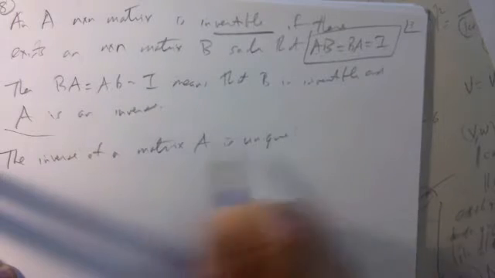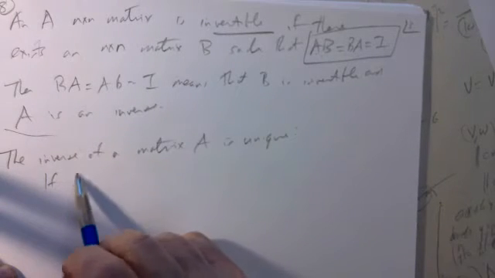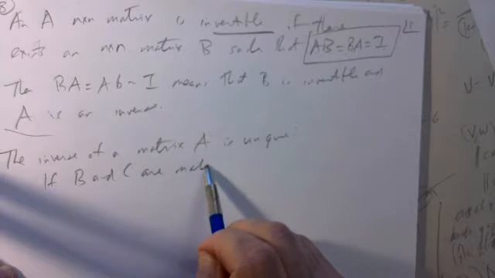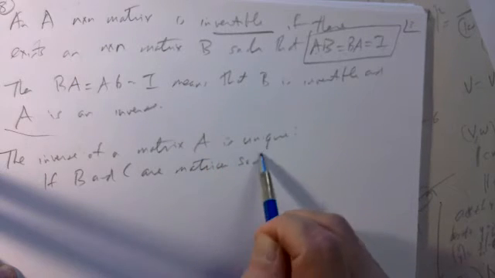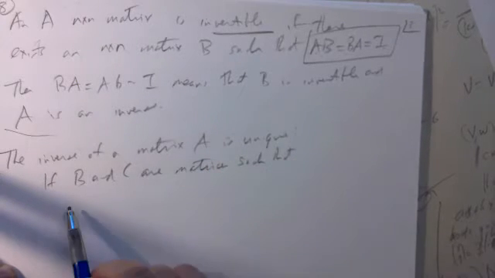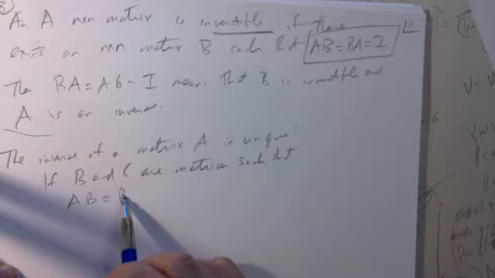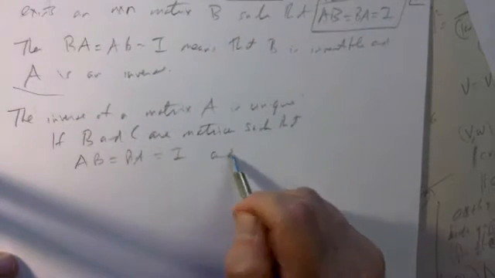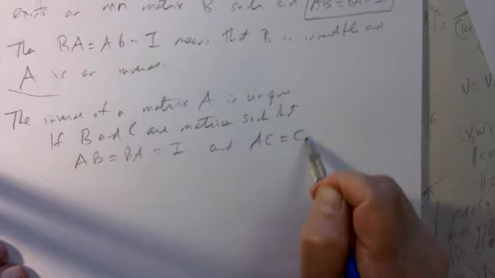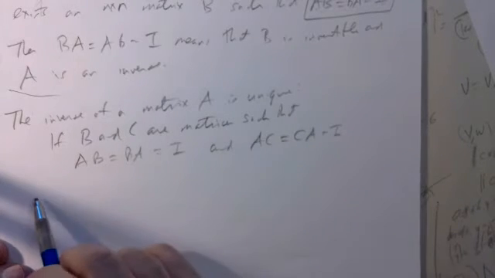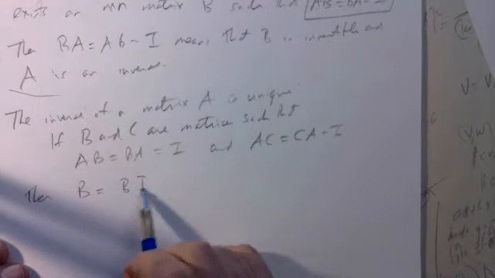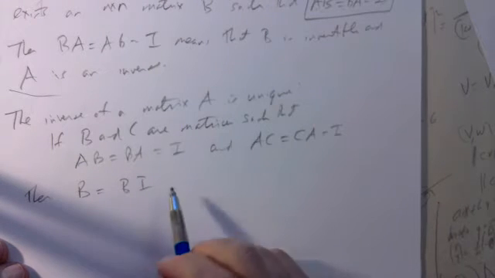What that means is if B and C are matrices such that AB equals BA is the identity, and also AC and CA are the identity, then we can say that B is always B times the identity.